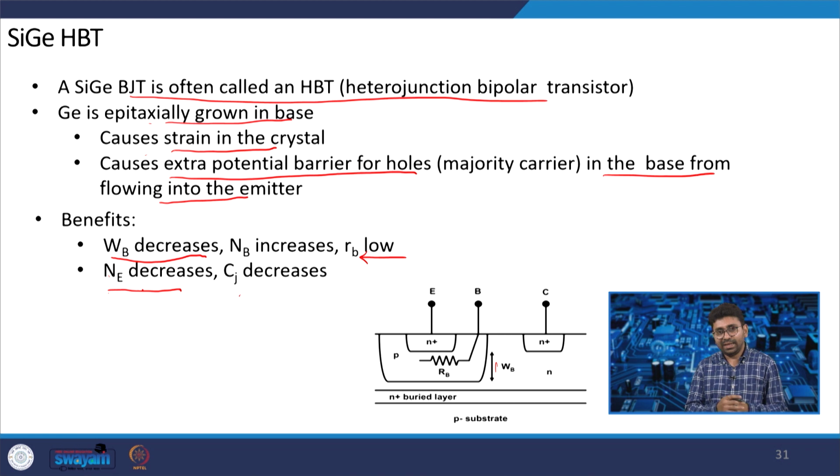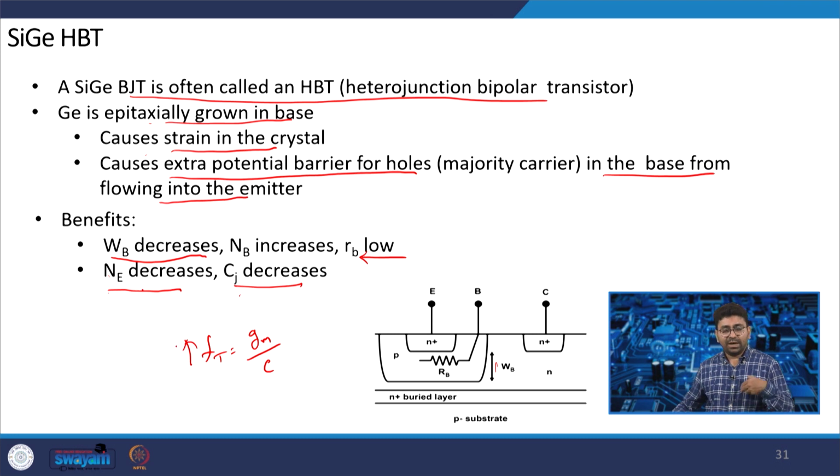We have also seen in the MOSFET that junction capacitance also depends upon the number of carriers. So, as CJ is decreased, we have seen the formula of FT, that is gm by C. In this case your capacitance is reducing, so your FT will increase.